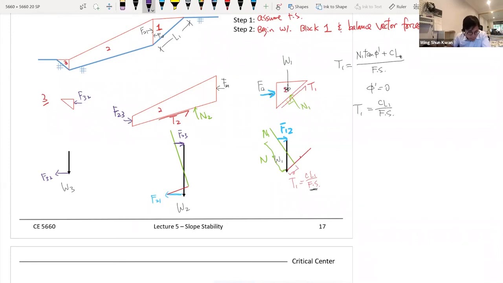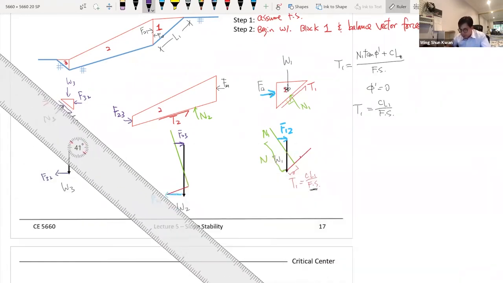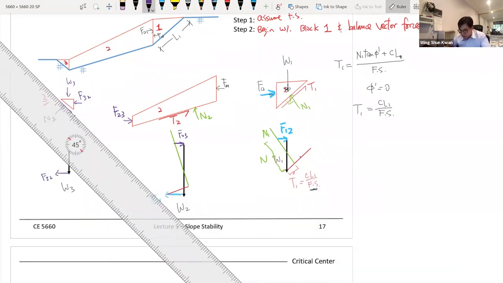Well, first of all, you have the weight, you have your friction angle, and then you have your N3. So now you have your friction angle. I'm sorry, the frictional force.